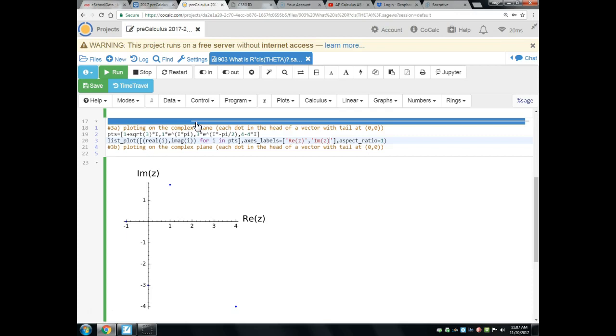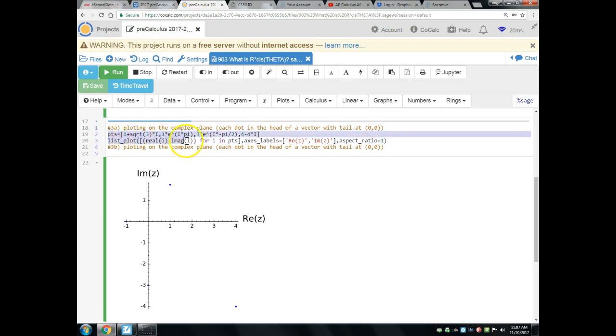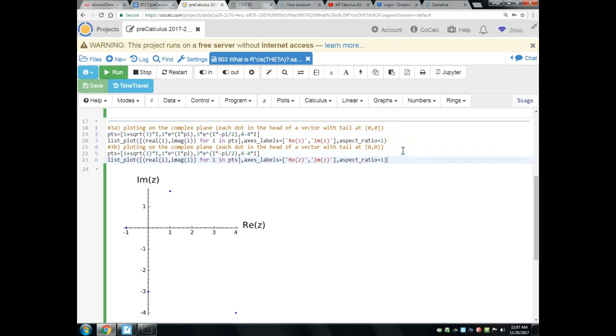Okay, so now let's get a little fancy. What if we take this whole mess and do it again, but generate a whole bunch of points in a loop? So points is going to be, let's see, e to the i theta, for theta in range from 0 to 2 pi, and count by pi over 12. Okay, that sounds good. Pi over 12 is what, every 15 degrees?